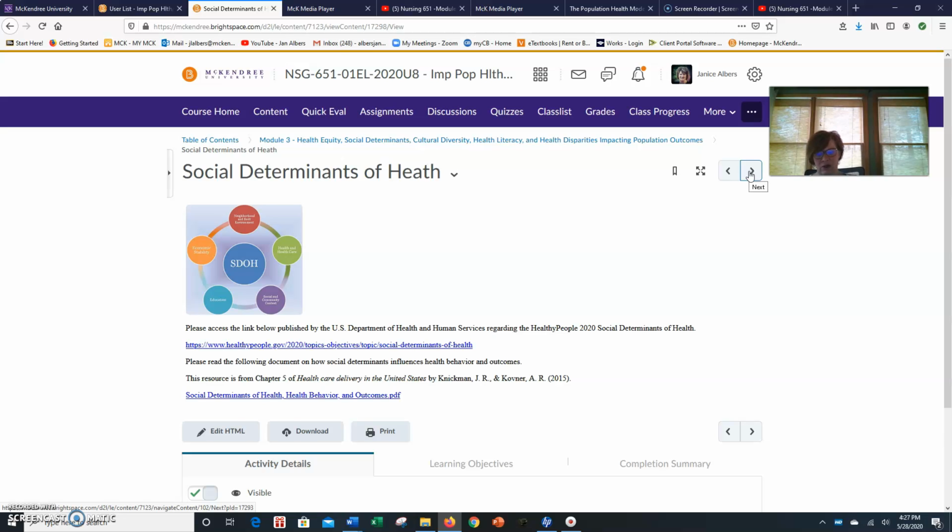Get into Healthy People 2020, soon to be 2030. They're working on that right now. And going into a resource, some reading that's available to you that, again, will be helpful as you complete the requirements in this module. And it's covering the social determinants of health.